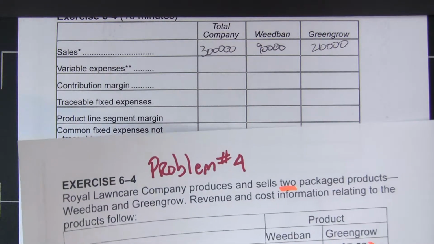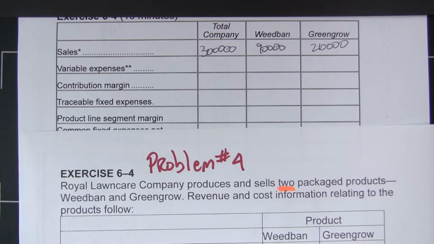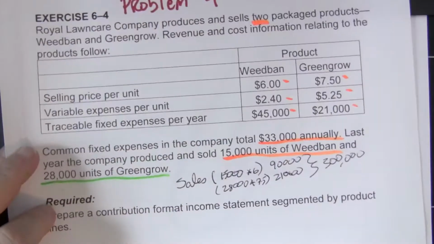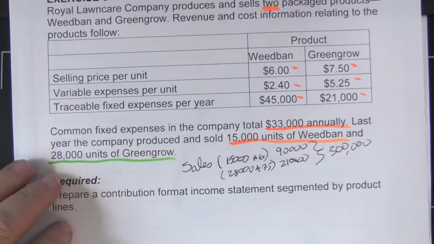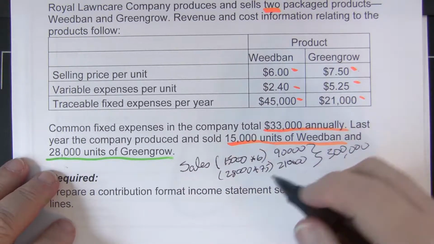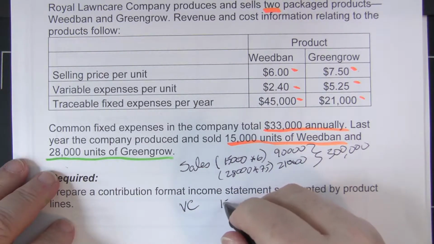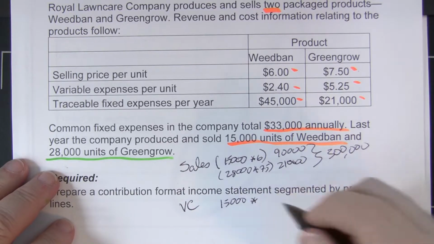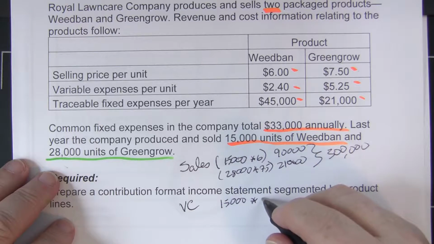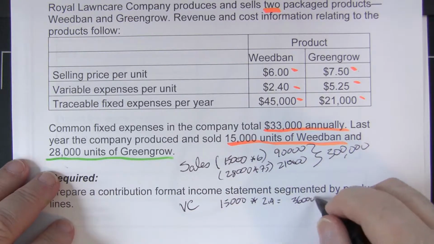Now our variable expenses we have to figure out per unit. We'll take the Weed Ban variable expenses of $2.40 a unit. So variable cost is 15,000 times $2.40. That's 36,000.